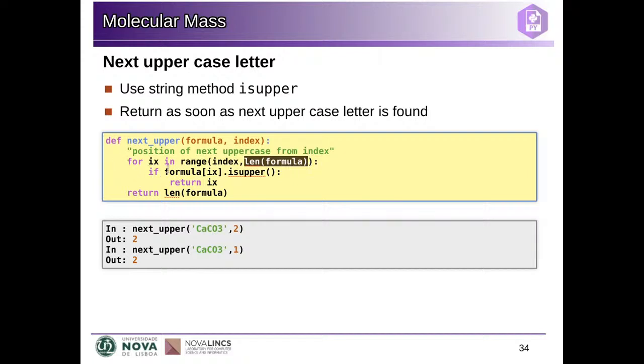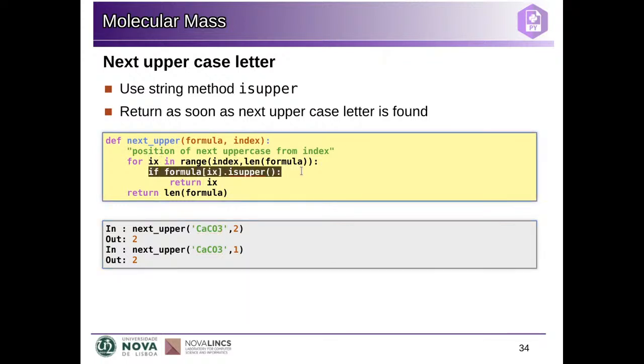But if the character at that position, ix, is an uppercase character, we're going to exit the function immediately and return ix. So if this function is starting at character index 2, for example, which is this C, it's going to start at this character.